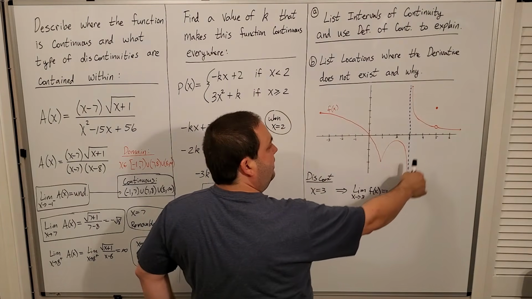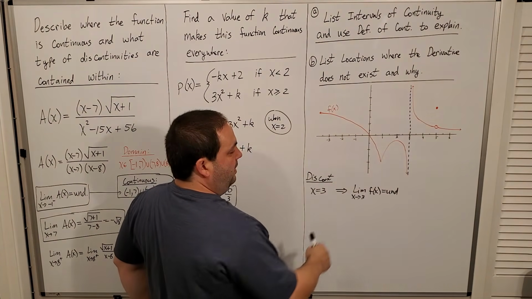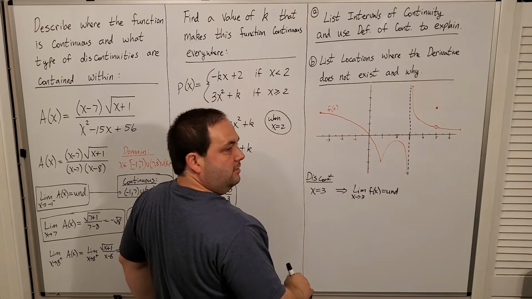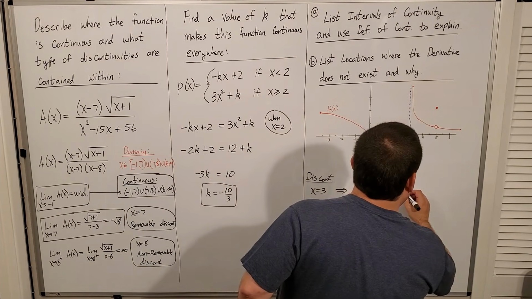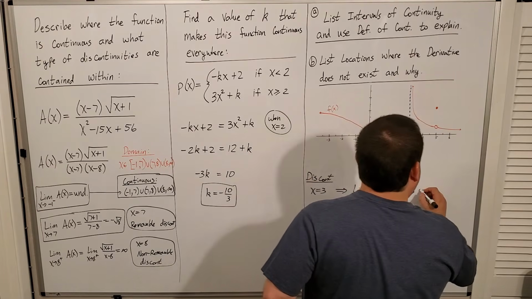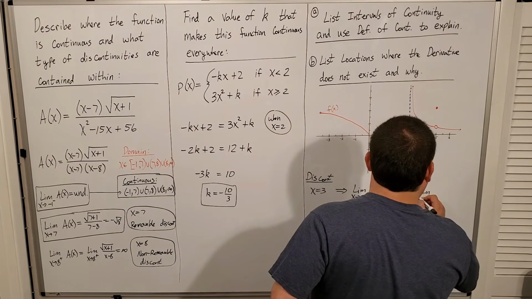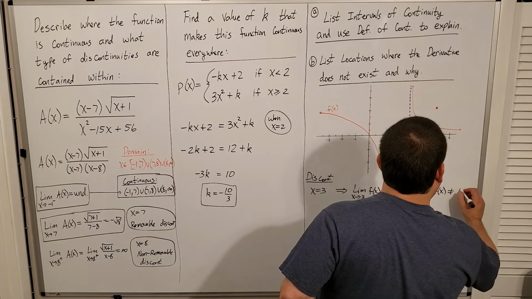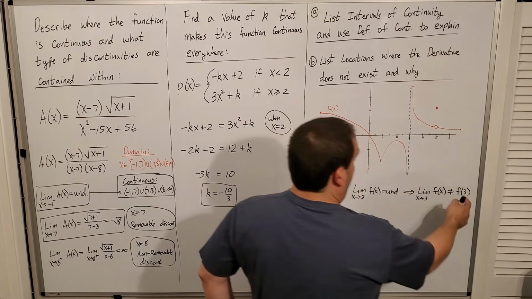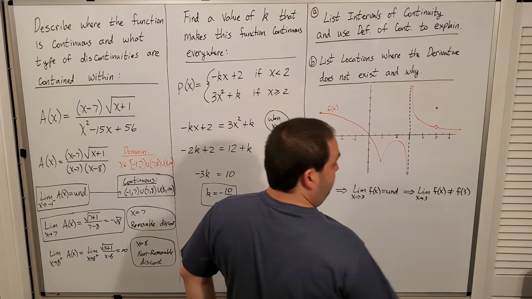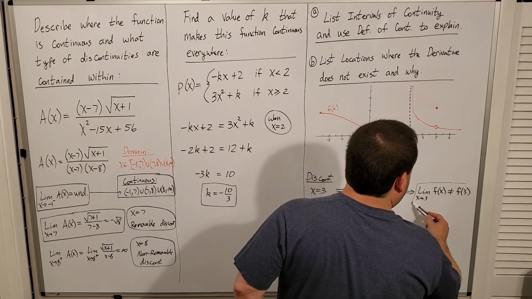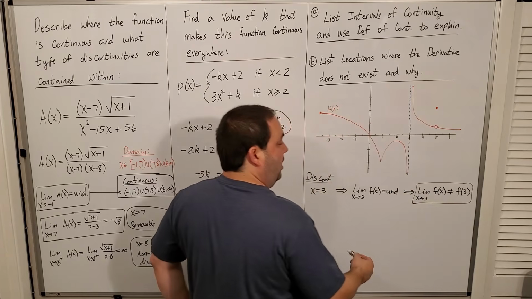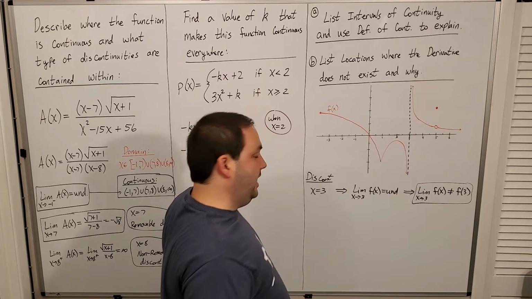Notice one side is negative infinity, the other side is positive infinity. Since the limit is undefined, this also implies that the limit as x approaches 3 of f of x does not equal f of 3. And by the way, f of 3 is not defined either. This is the definition that we're interested in right here. And since they're not equal, I have a discontinuity at x equals 3.